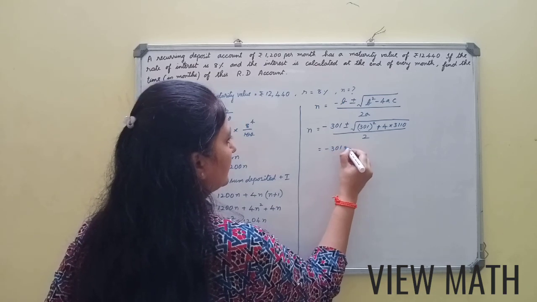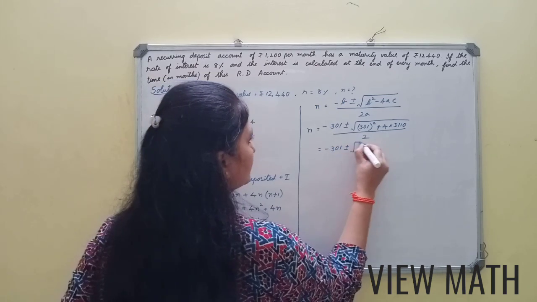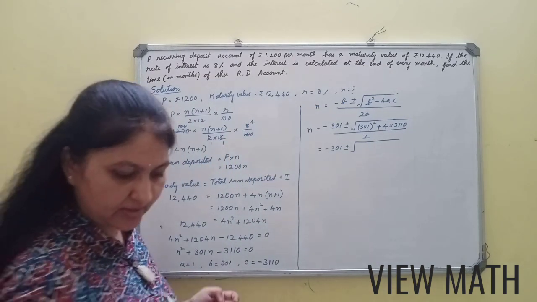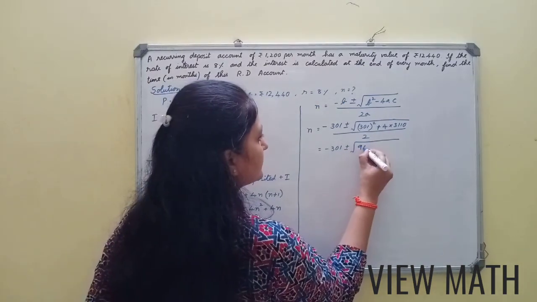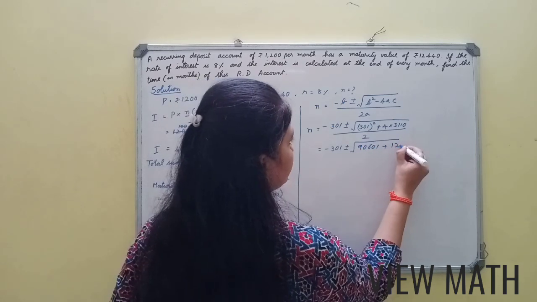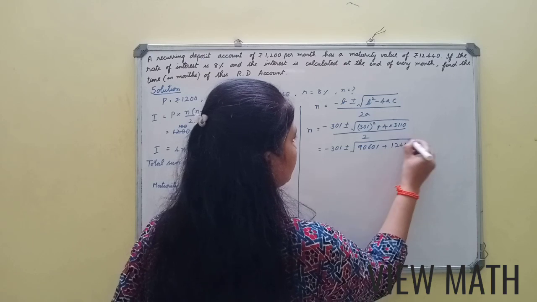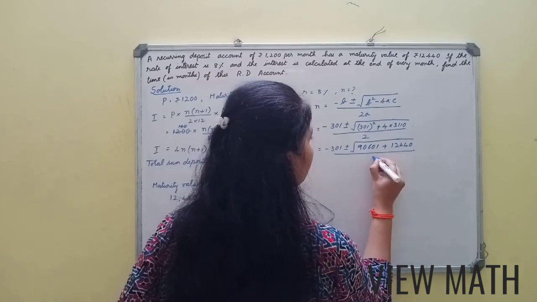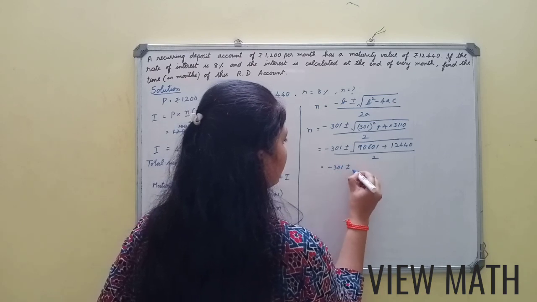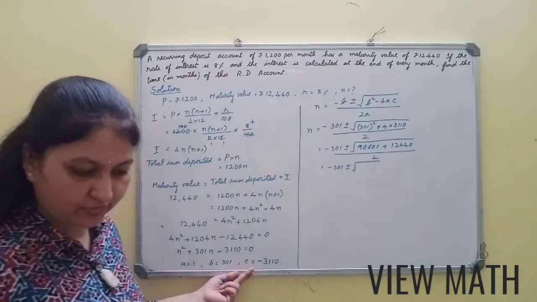Minus 301 plus or minus square root of, find out 301 the whole square, so it is 90601 plus, divided by 2.